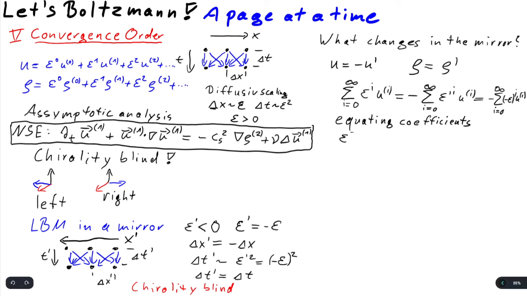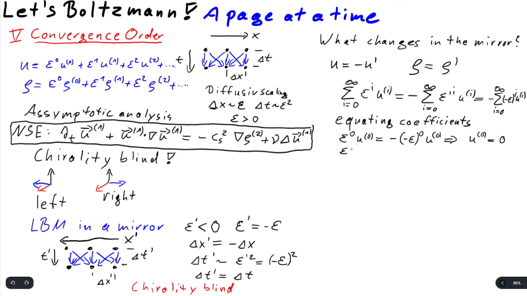So we will have epsilon to the power of 0 times u order 0 equal to minus epsilon to the power of 0, which is of course 1, times u to the order of 0. So you see this gives us that u to the 0th order is minus u to the 0th order, and this is only true if u to the 0th order is equal to 0.